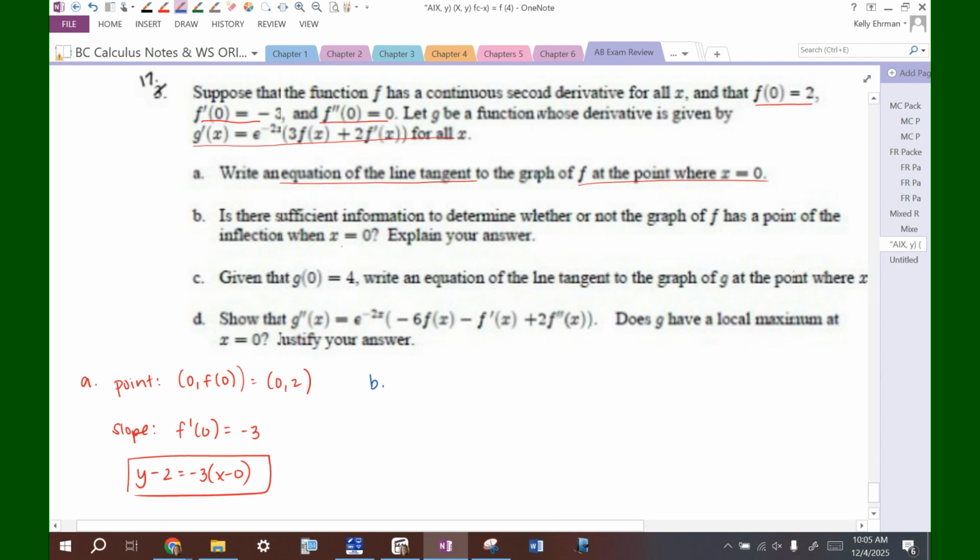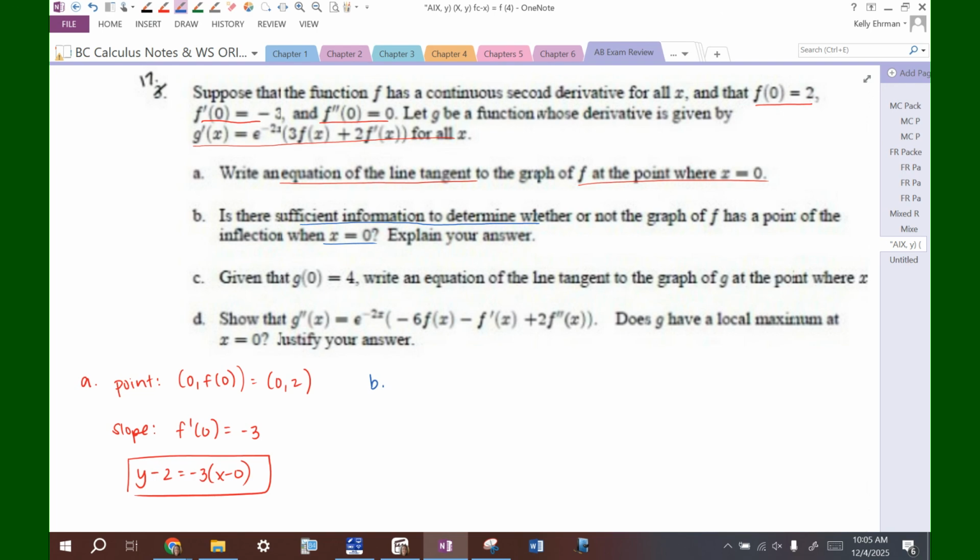Part B. Is there sufficient information to determine whether or not the graph of f has a point of inflection when x equals 0? Explain your answer. Do we have enough information to decide?